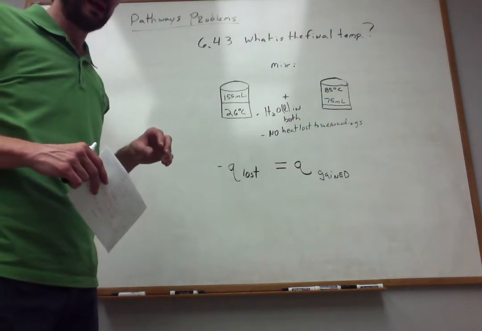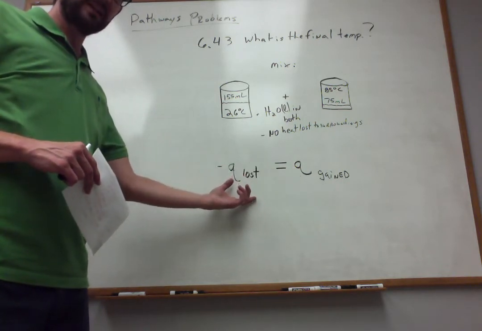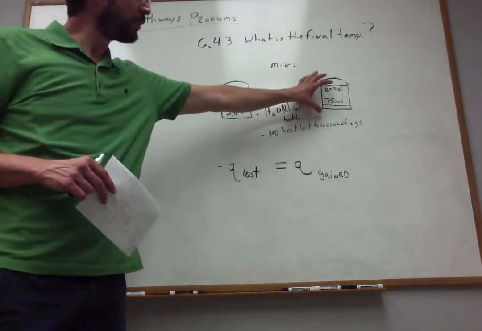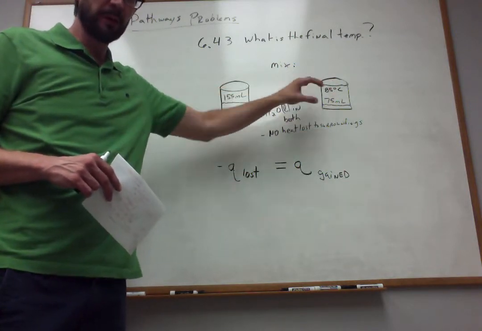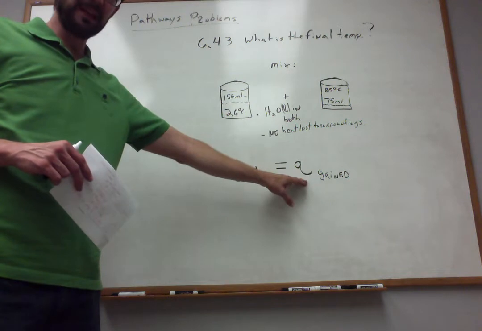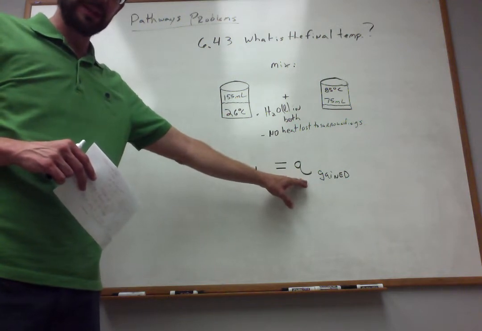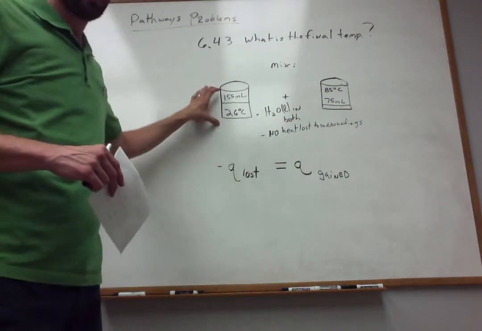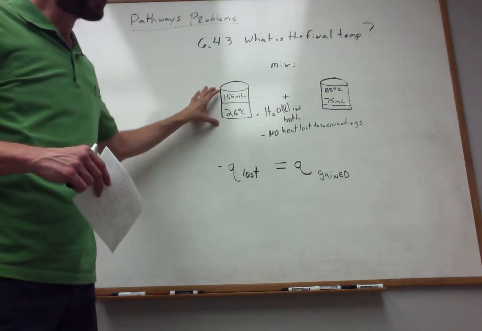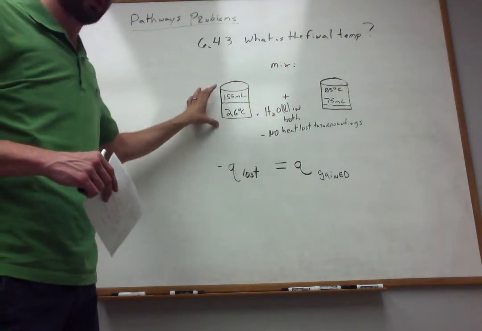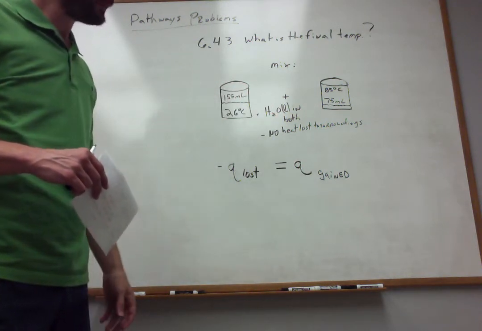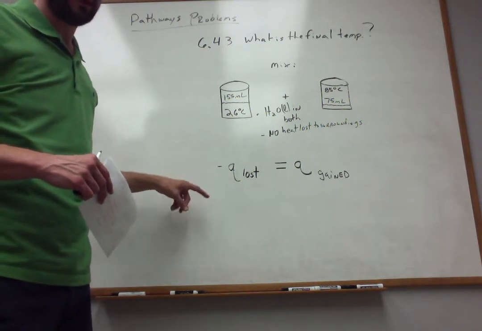What I mean by that is that the heat energy that's going to be lost when this water sample is cooled has to equal the heat energy which is gained by this water. The heat energy has to go somewhere. The only place it can go is warming up this water. So we can write this statement.